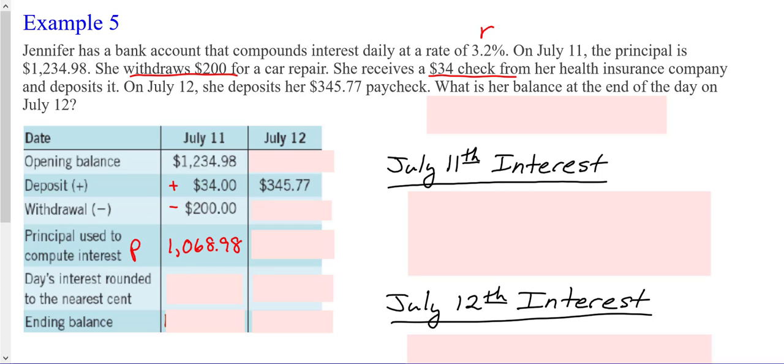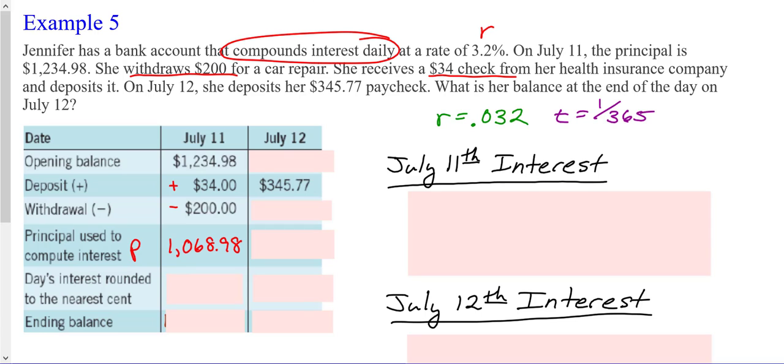Okay, so to calculate the next section, the day's interest, rounded to the nearest cent, we need to identify our variables. We know our principal is $1,068.98. Our rate from up here is 0.032, and it said it compounds interest daily.